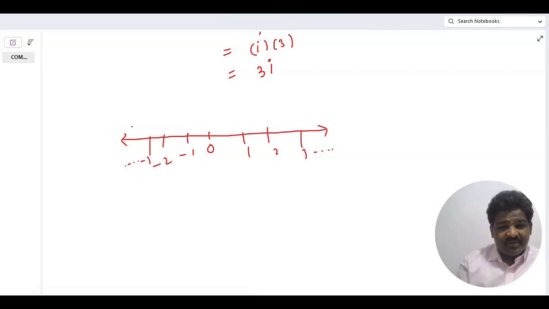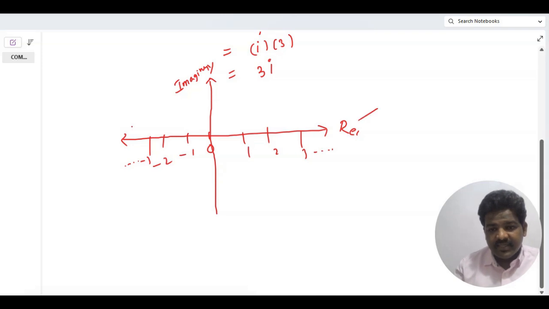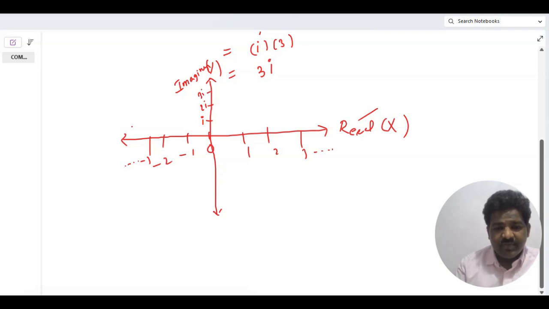Therefore, our mathematicians invented one more line, the imaginary line. That line is the y-axis. This is called the imaginary line. This is the real line, that is the x-axis. Now here we take i, first one, 2i, second one, 3i, third one, 4i, 5i, and so on.